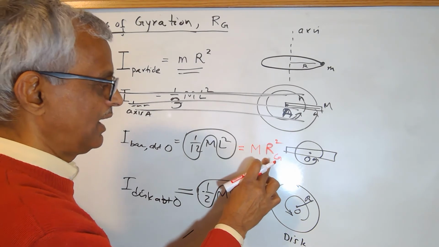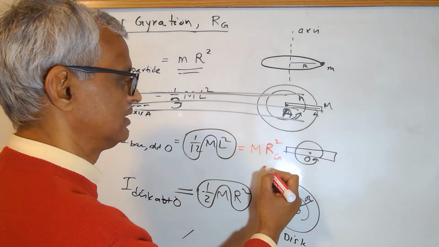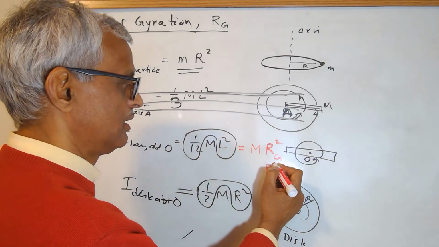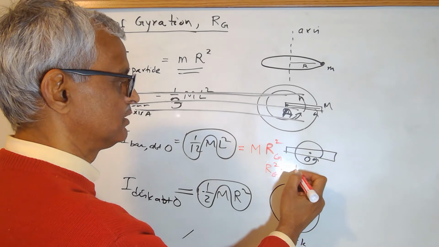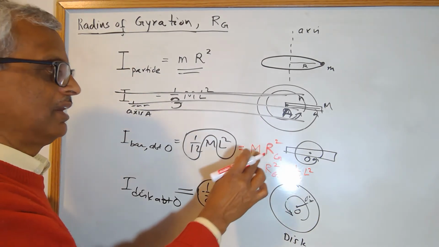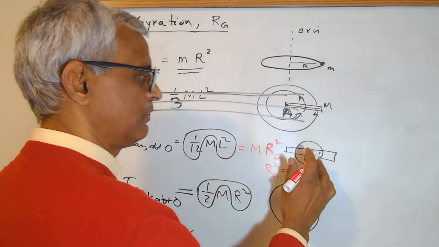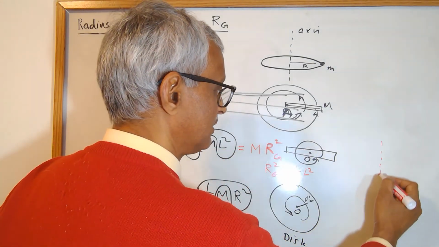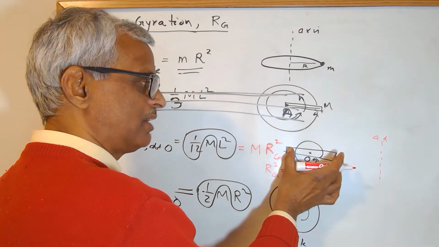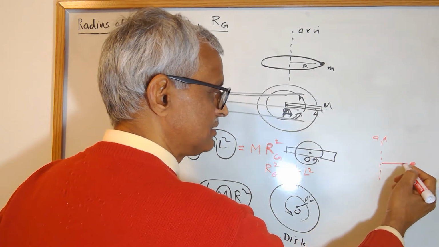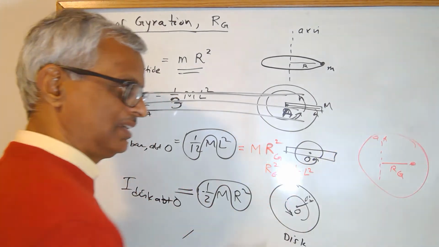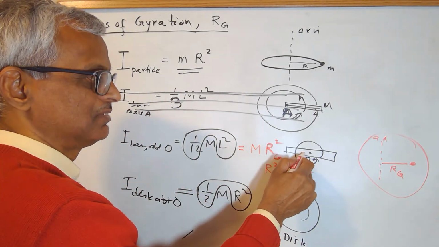So the radius of gyration squared has to be equal to 1 over 12 L squared. That means the radius of gyration of a bar, if you square it, has to be equal to 1 over 12 L squared. Another way to look at it is, if I thought of this bar and I have this axis, at what distance would I place the entire mass of the bar so that the moment of inertia of this fictitious thing is the same as the moment of inertia of that?